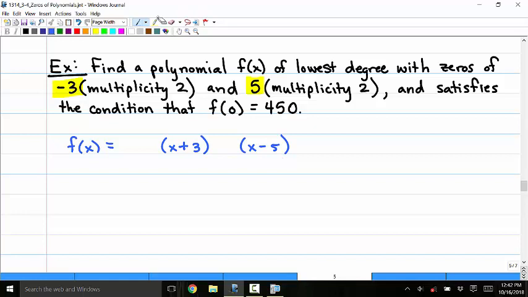Now I've got to deal with the multiplicity. If it's multiplicity 2, what does that mean out here? They both have to be squared. So let's go multiply all that out and see what you get.